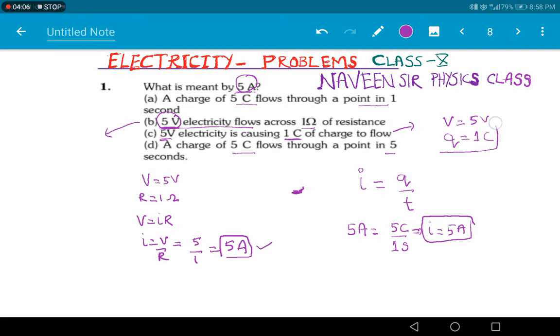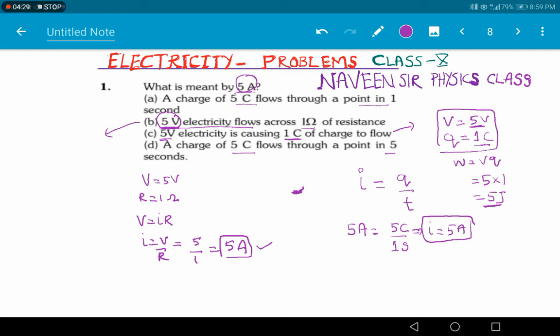We won't get any current relation by using this. We can get the relation W is equal to VQ. Therefore you get 5 into 1, that means 5 joules of work is done when 5 volt of potential difference is applied and 1 coulomb of charge is flowing through the conductor.